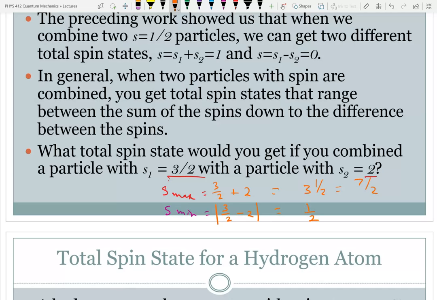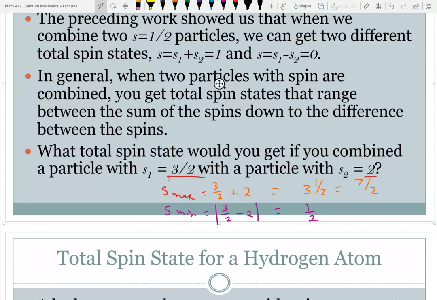I took the absolute value of the difference.